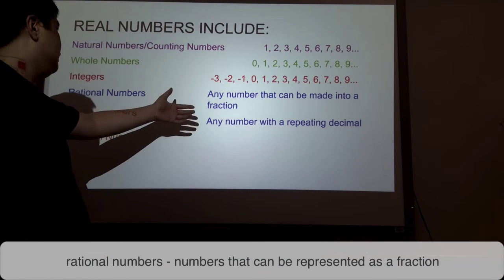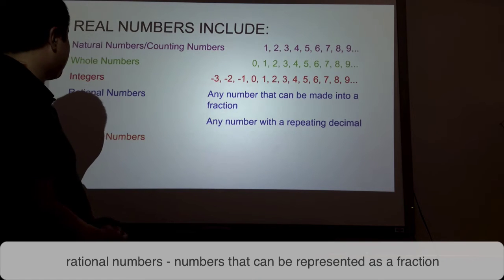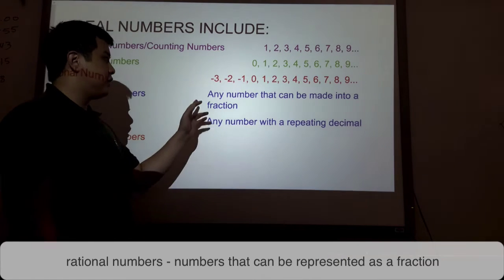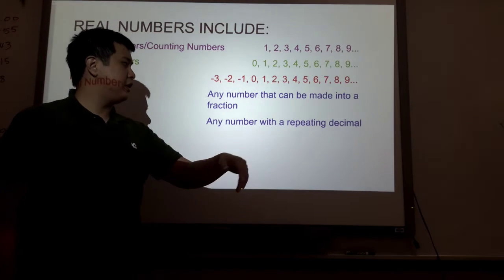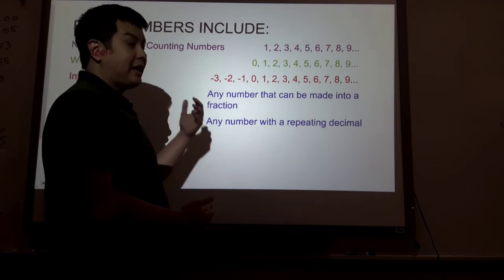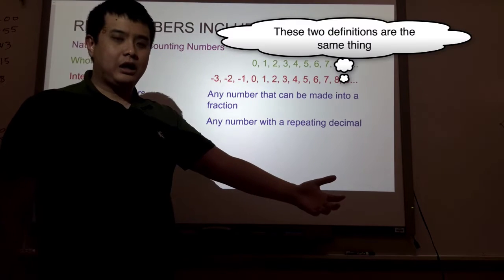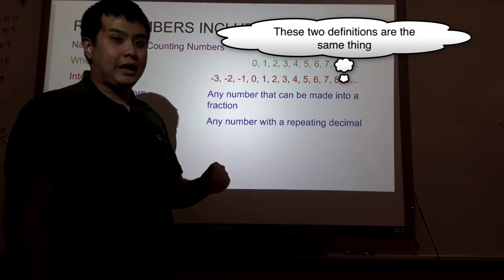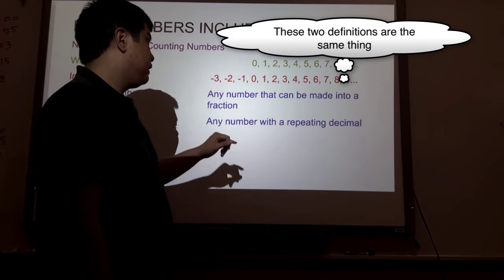So please write this down inside your chart, that rational numbers are any numbers that can be made fractions, and any number with a repeating decimal, which again we will show tomorrow that these two are actually the exact same thing. Okay.